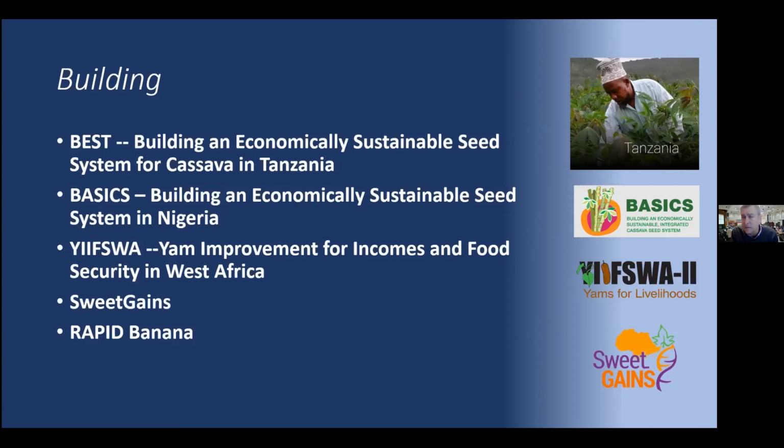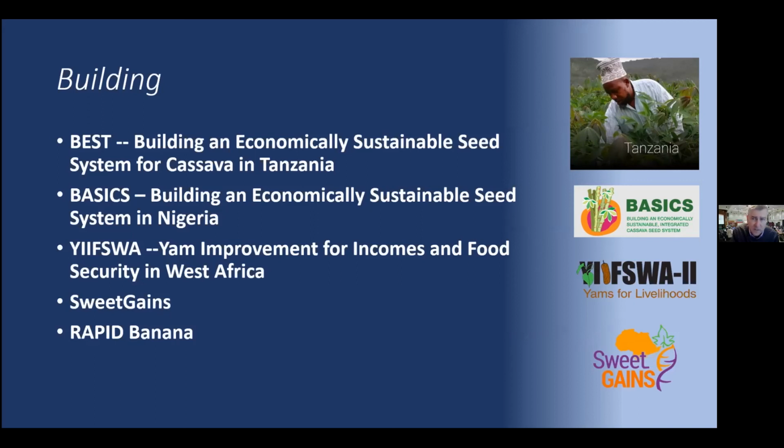And then something similar has been created for yams in Nigeria and Ghana, where IITA has supported the creation of about 10 yam seed enterprises, private enterprises that use new technologies to produce yam seed and then sell it to farmers and other multipliers.